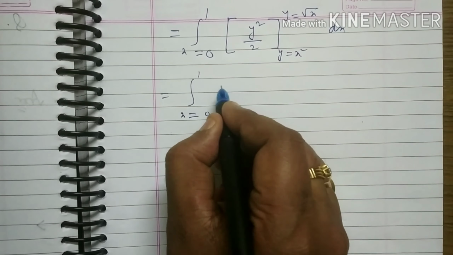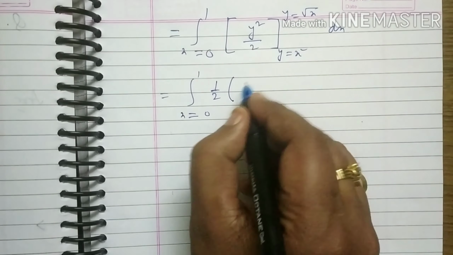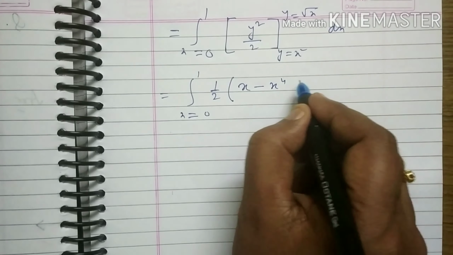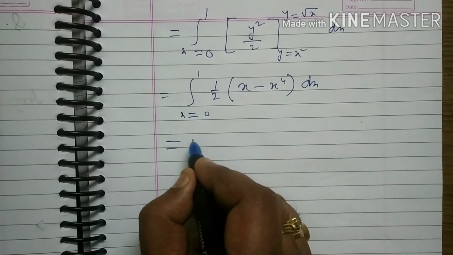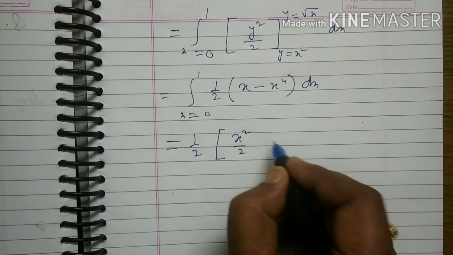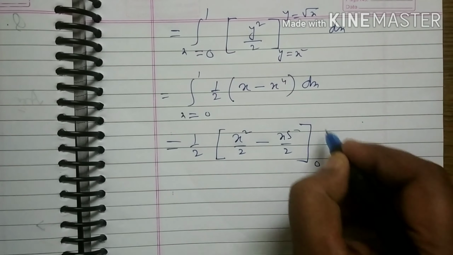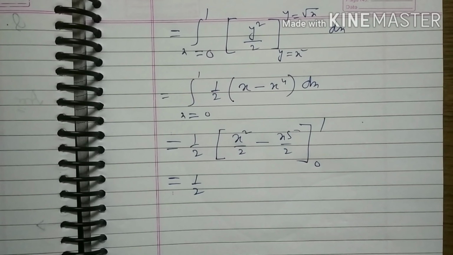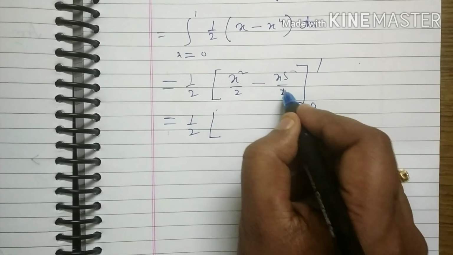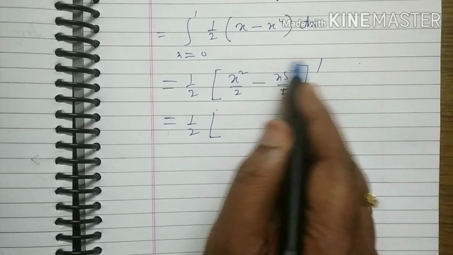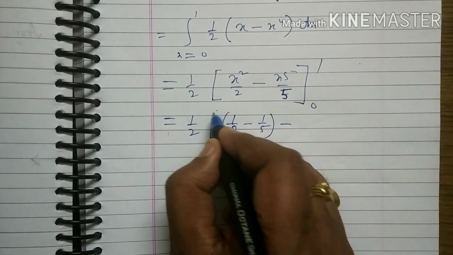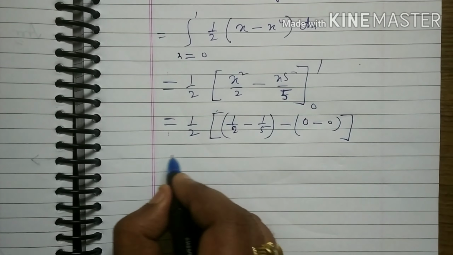If I substitute here, 1 by 2 is outside, (x minus x to the power 4) dx equals 1 by 2 times the integration of this. x means x square by 2 minus x to the power 5 by 5, 0 to 1, 1 by 2 (1 by 2 minus 1 by 5 minus 0 minus 0).